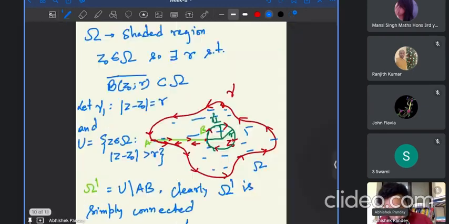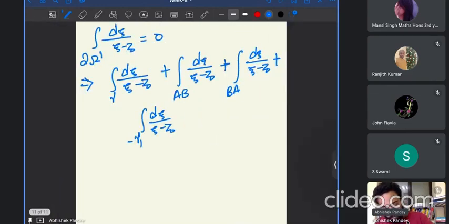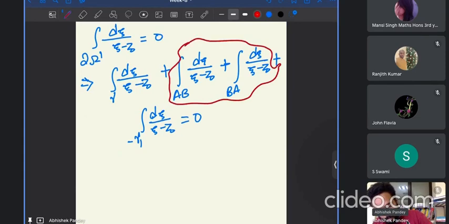Gamma is basically your positive direction, then we are going A to B and then coming back B to A. So B to A and A to B will cancel, and combining these two things, this will be 0. And next we'll calculate.